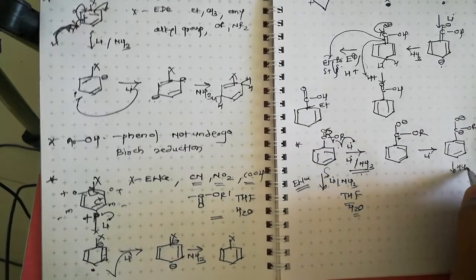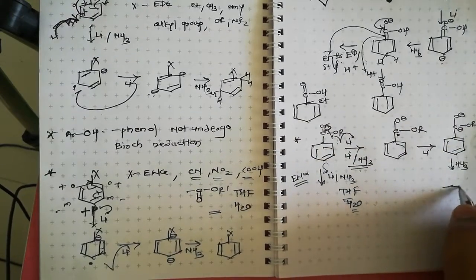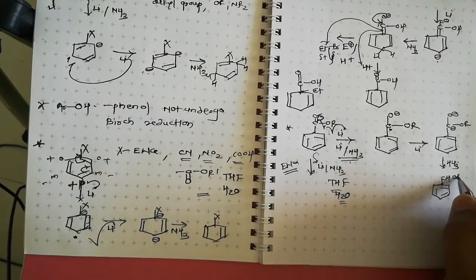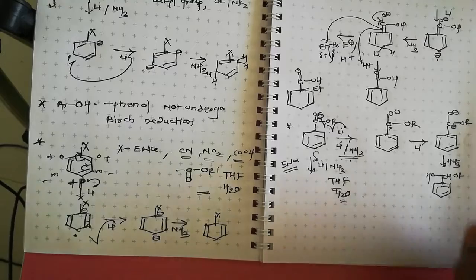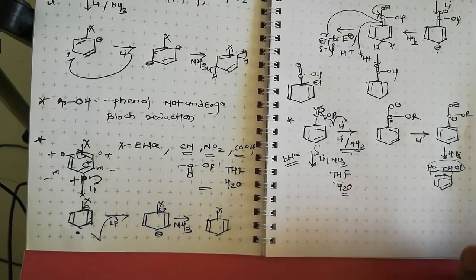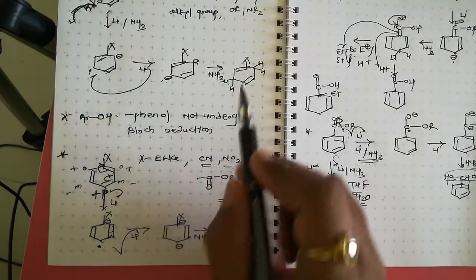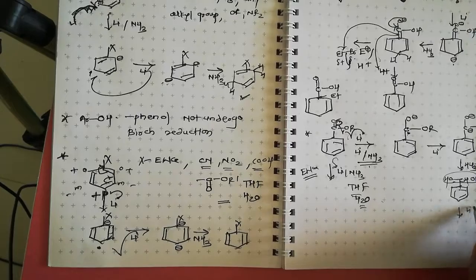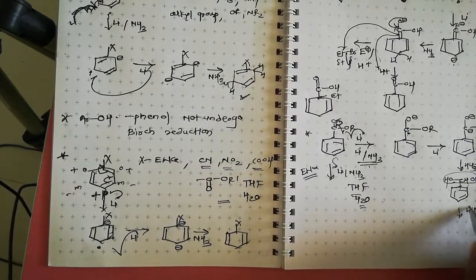Then ammonia transfers its proton to these two negative charges, and we get CHOR, OH, and this group is electron donating. If there is an electron donating group, then we get this type of product after Birch reduction.